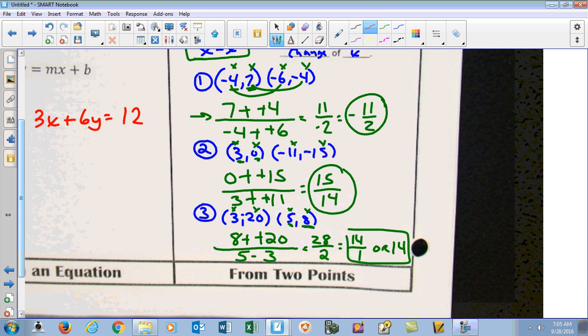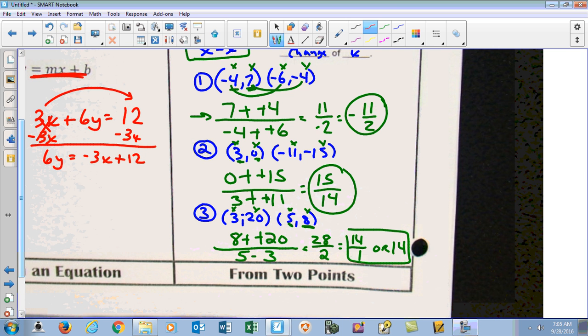And remember yesterday, you had to get it into that y equals mx plus b form. So just like this, I have to get the y on one side. So I want to take this 3x and move it over to here. And the only way I can do that is by subtracting 3x. I have to do its inverse. So when I do that, this goes away, and I'm left with 6y equals negative 3x plus 12.